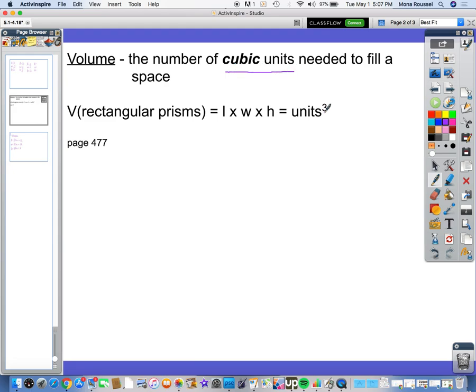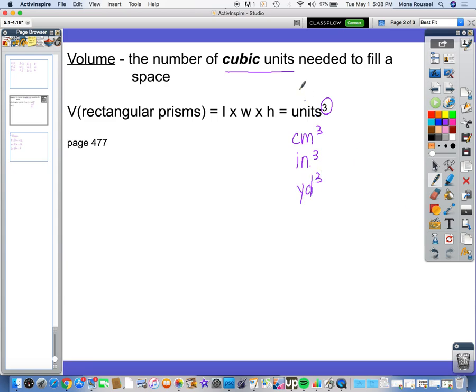cubic units. The 3 behind the unit of measure, that little exponent, represents cubic, a three-dimensional cubic unit. So it could be cubic centimeters, cubic inches, cubic yards, whatever unit of measure, you would use a 3 as your exponent to show that it is cubic units.